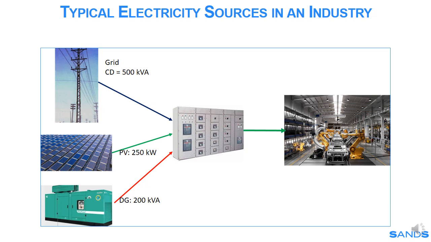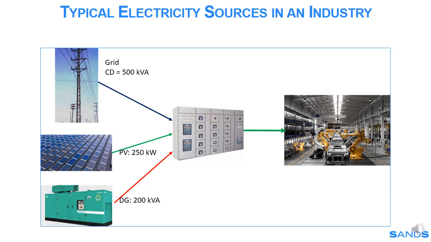Here, a typical electricity source setup for an industry is shown. This industry has a contract demand of 500 kVA from the grid. It has a PV generation of 250 kilowatt, and as a standby it has a diesel generator of 200 kVA.